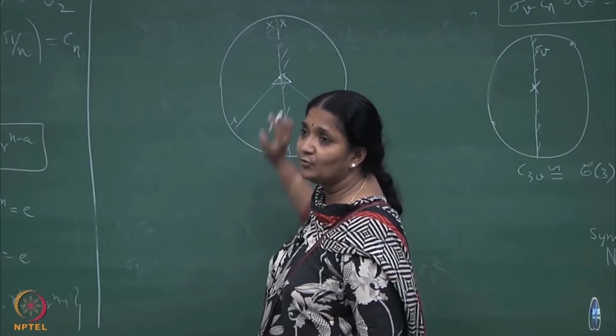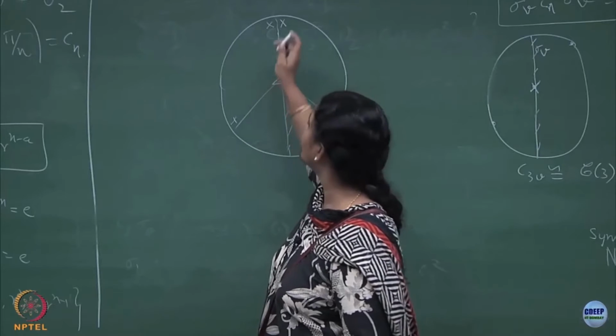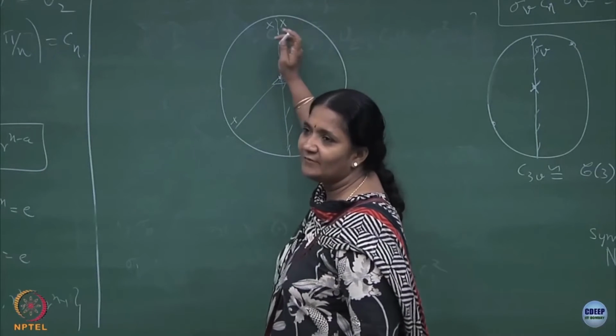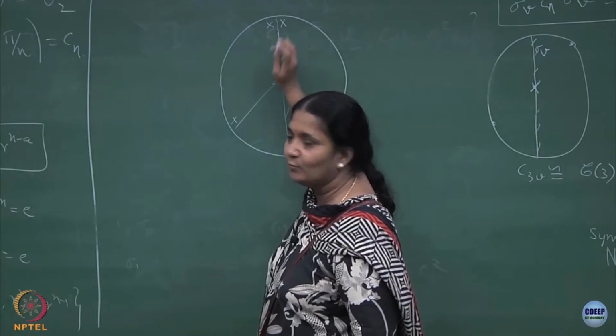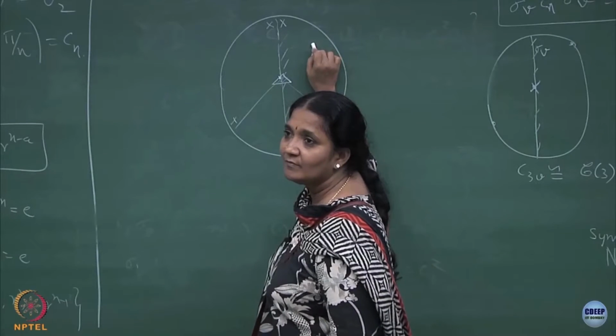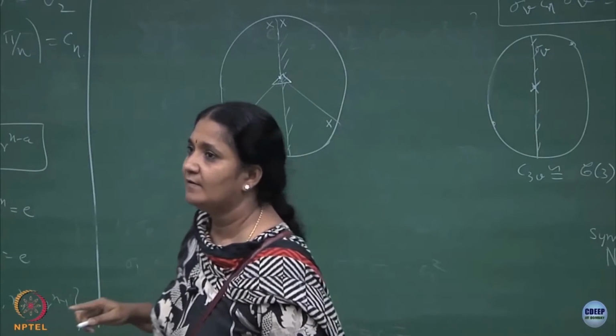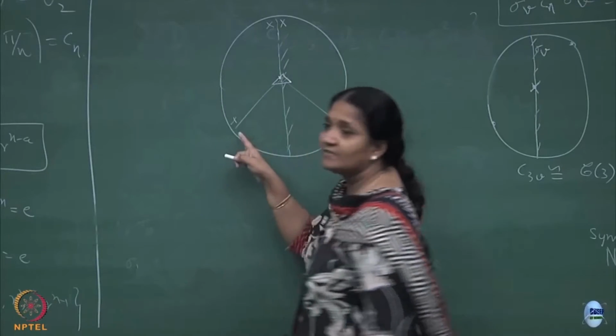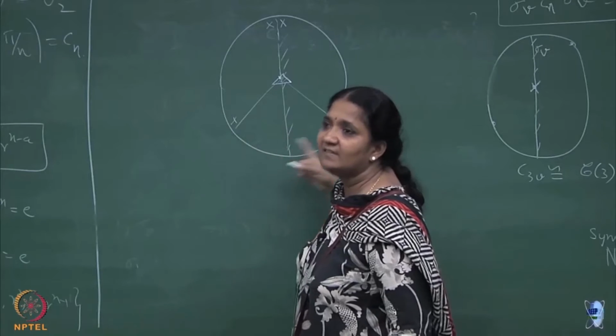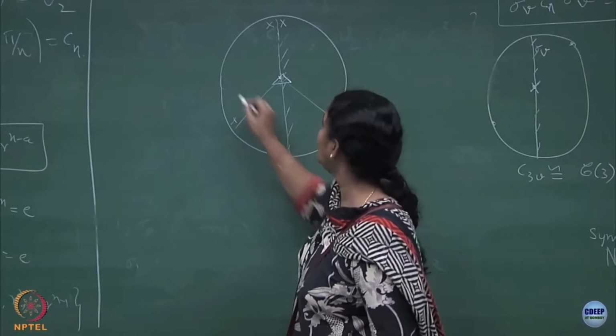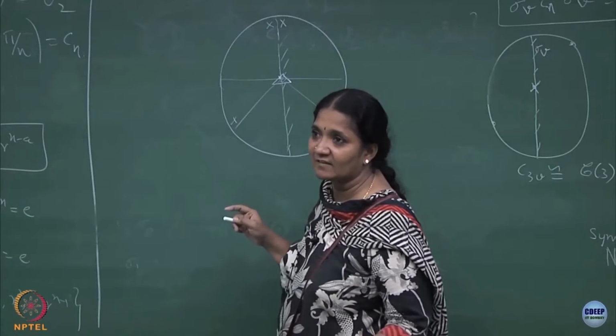The mirror plane has to be, as I said, you start with some conventional mirror plane. You could put it along this also, but you have to put it on the plane of symmetry. These three atoms, if it has a C3 symmetry, I can't put a mirror like this, that is what you are asking.